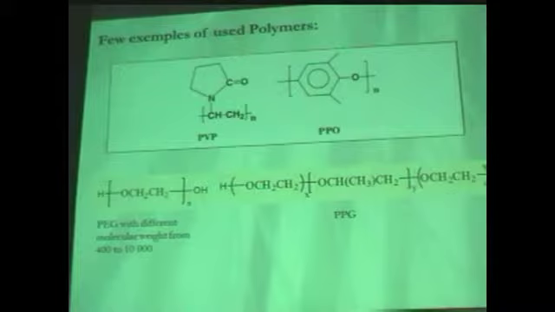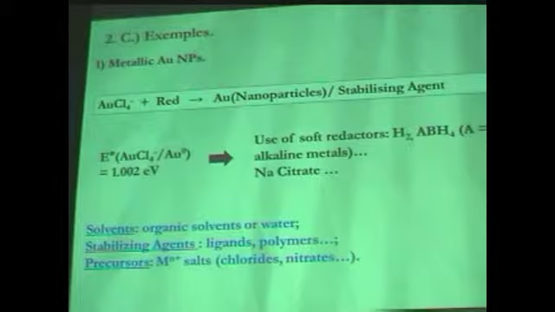So now we will see several examples. Let's start with the classical metallic gold nanoparticles. Metallic gold nanoparticles are very easy to obtain. The synthesis works very well, and usually we can very easily obtain monodisperse nanoparticles, or at least nanoparticles with a narrow size distribution.